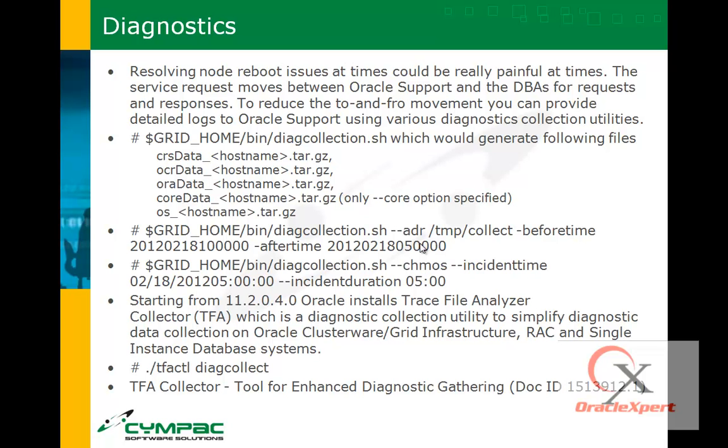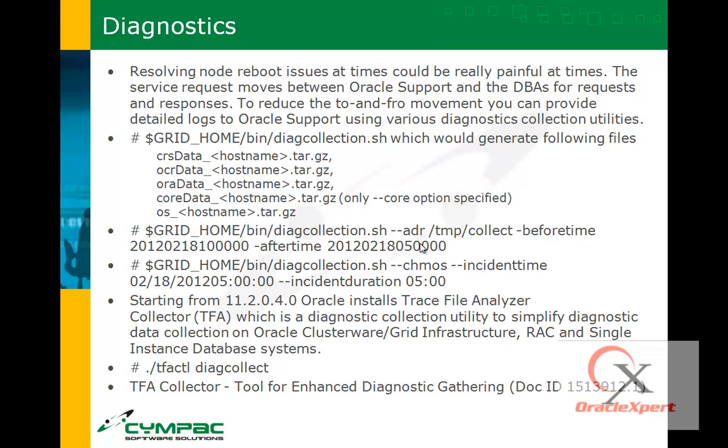Oracle installs a better diagnostic collection utility called Trace File Analyzer Collector, TFA. But it's only available for whom? For 11.2.0.4 and onwards. People say, if it is so good, then I also want to use it. Anyways, it's available as a separate download as well.